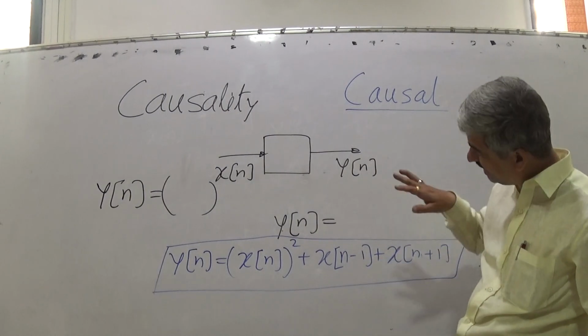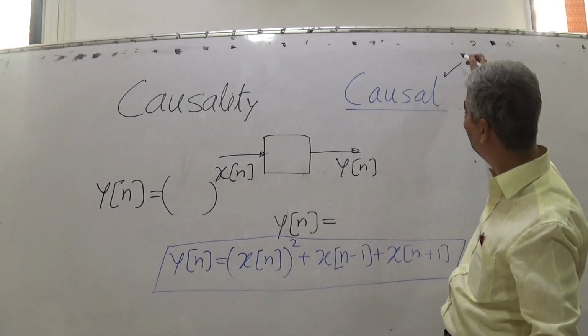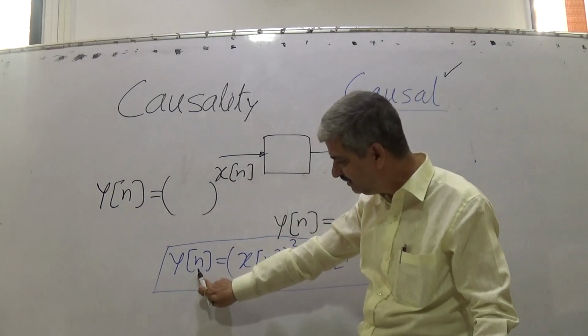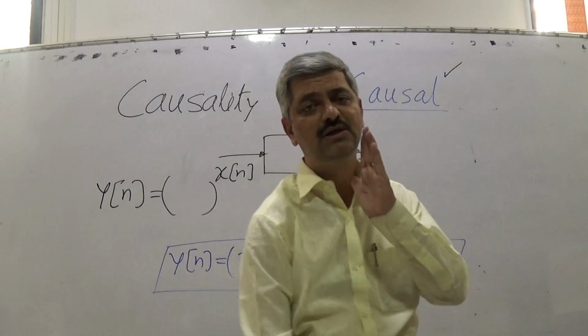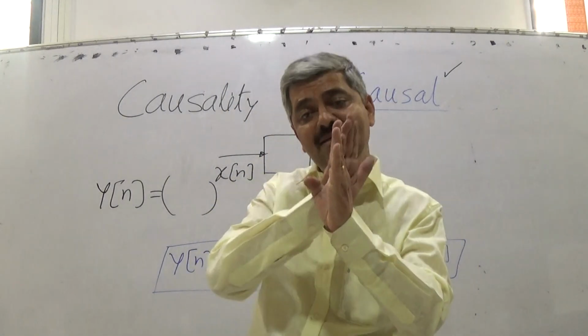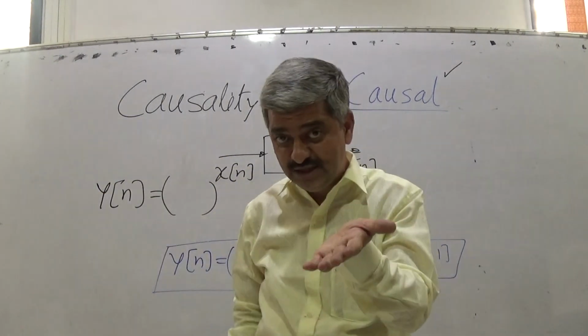Now we are checking the property of causality. Listen very carefully: to compute the current output, you can depend only on current and previous inputs. It can be non-linear also.